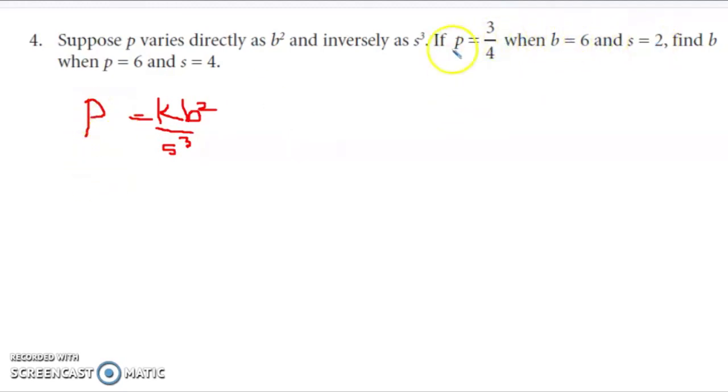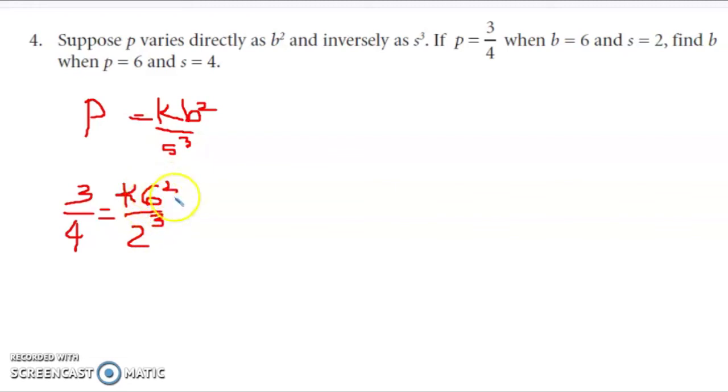So let us substitute. This is the first part of the equation. So that would be P is equal to 3/4 equals K. What is the value of your B? 6. Take note that that is raised to 2 all over S, that is 2 cubed.